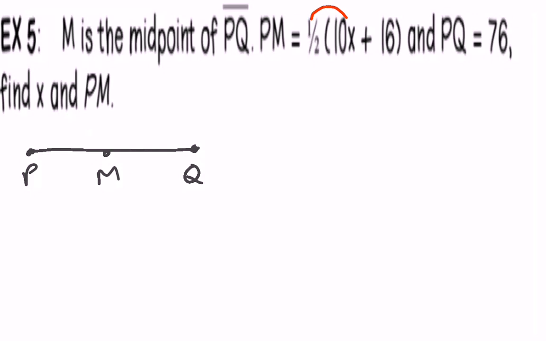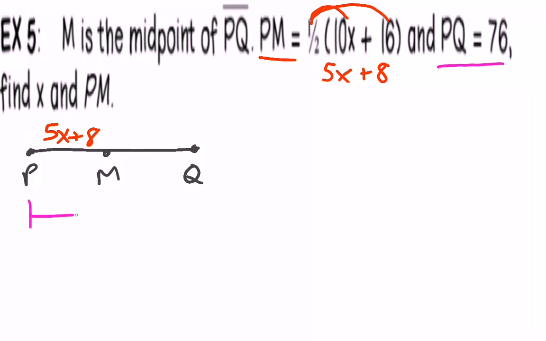Half of 10x is 5x. Half of 16 is 8. So PM is 5x plus 8. And then it says PQ, so be careful where you're putting this one. PQ is 76. Find x and find PM.